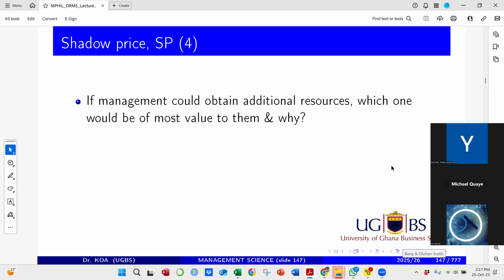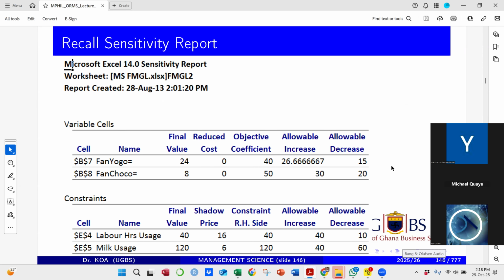It's labor. The reason being that the shadow price under labor is 16, and milk is 6. You already mentioned that if the shadow price is positive, profit will increase by that number. So if they increase the hours of labor, profit will increase by 16, which is greater than the milk shadow price of 6.